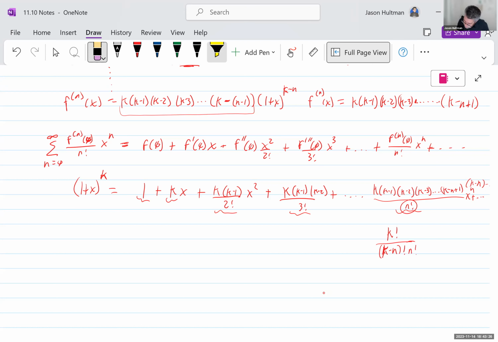Now this has a special formula in probability, and this is called a combination. We write this as k choose n.